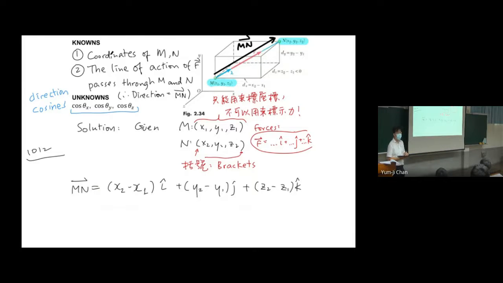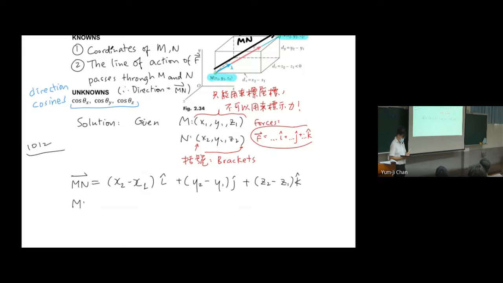we first determine the distance MN as a scalar.